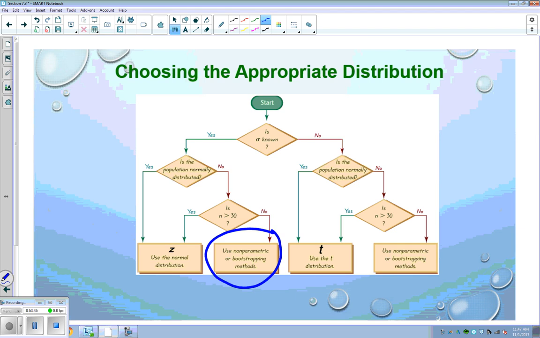If you do not know your population standard deviation, of course, you're going to end up using the t-distribution, if it's normally distributed or if n is greater than 30. Again, if not, a bootstrapping or non-parametric method could possibly be used.